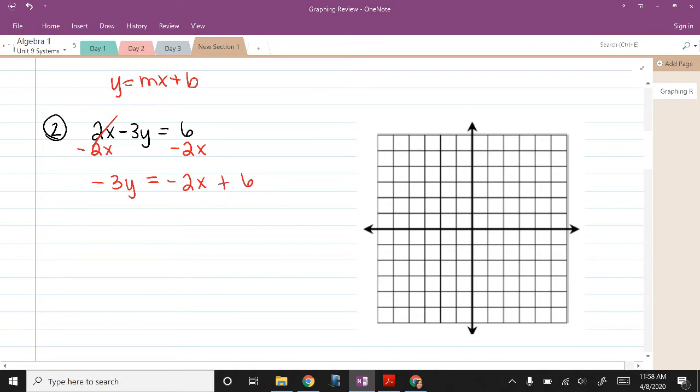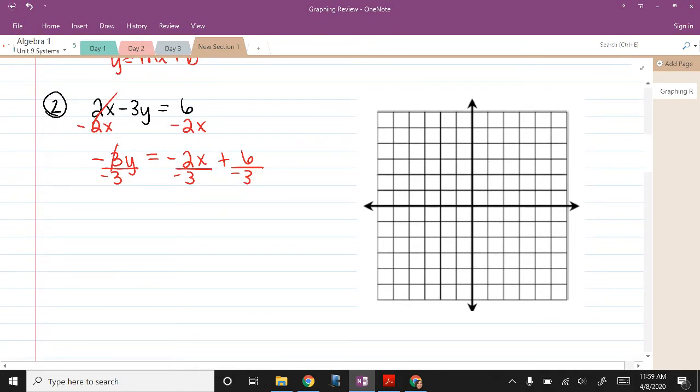All right. So the only thing we have now to do is to get the y by itself, which means it is being multiplied by -3. So to get rid of the -3, we divide all of our terms on each side of the equation by -3. Make sure you do it with all 3 of the terms.